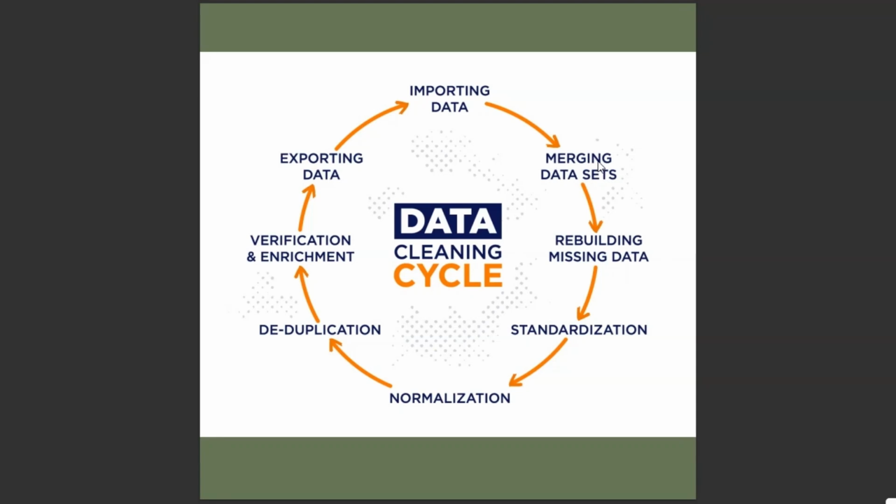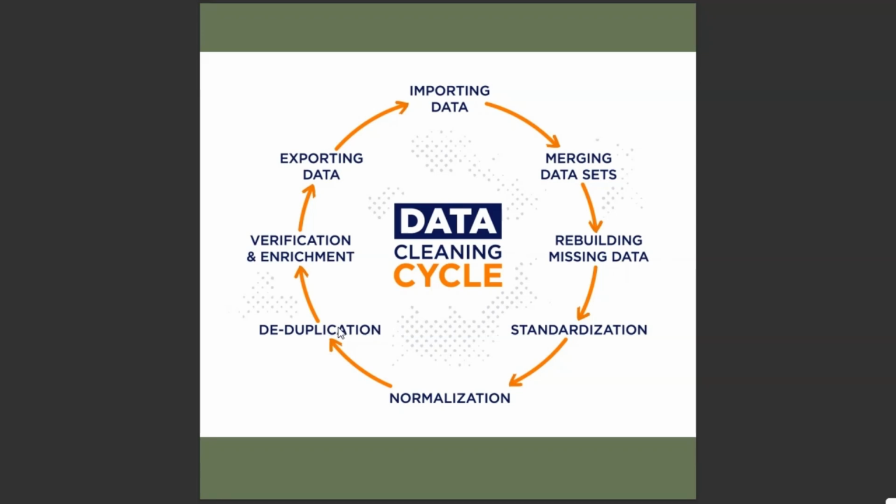If you have data sets that are scattered, you can merge them, then you can rebuild and establish missing data and see how to fill up missing data, or how to address the issue of missing data. Then you put them to standard. They should be on the same standard, the level that is expected. Then you make them normal. Normalize the data. Then you remove duplicates, because when we have duplicates, it does not help our work.